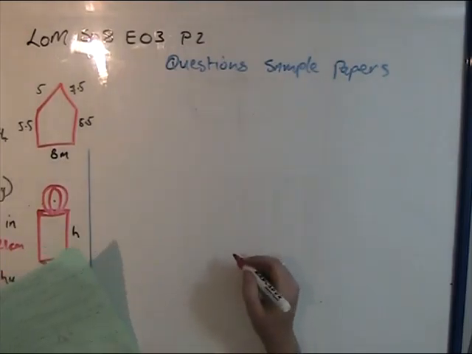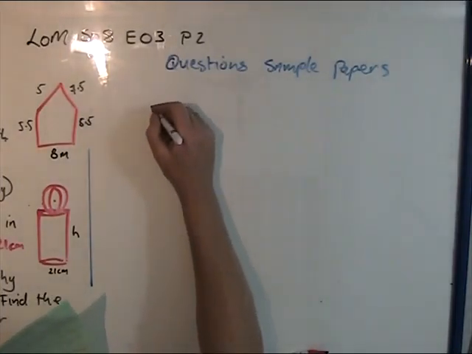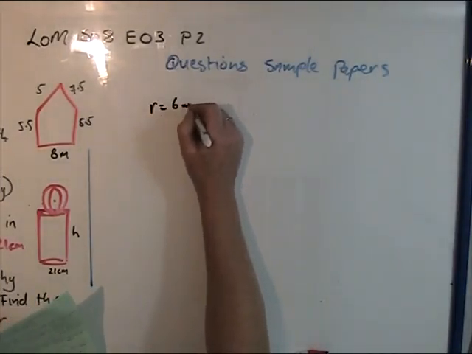So anyway, I'm going to do 2011, paper 2, question 5, and it says this is a sample paper. It says find the volume of a cylinder of radius 6 millimeters.